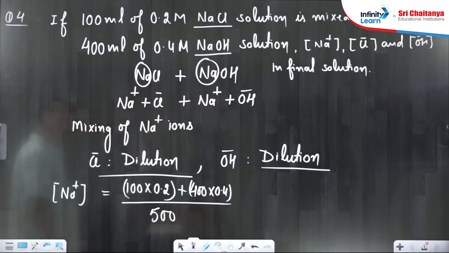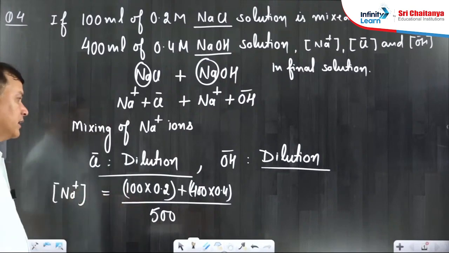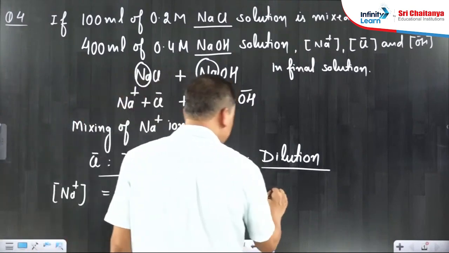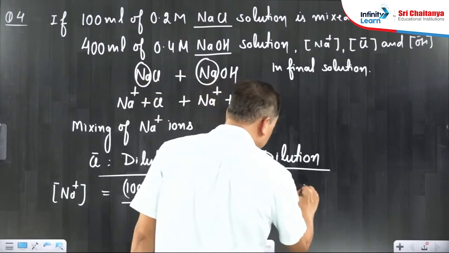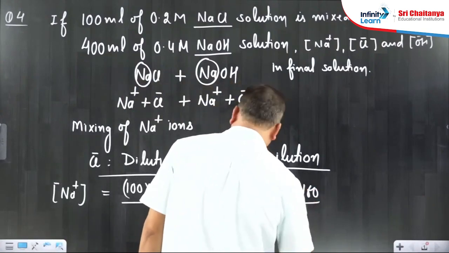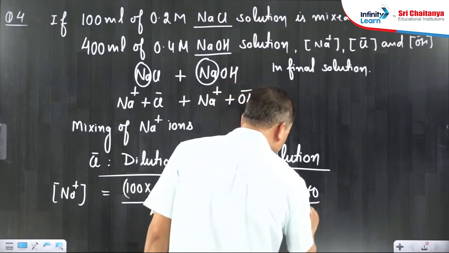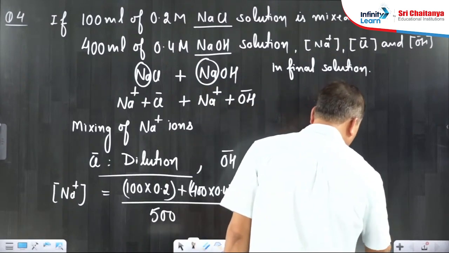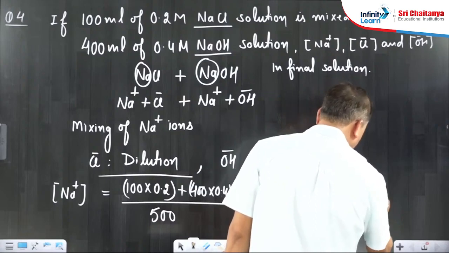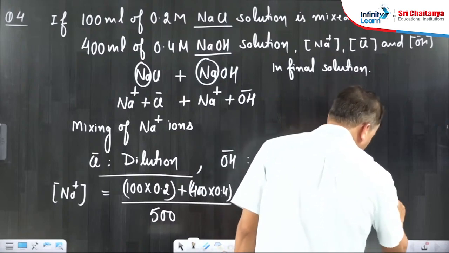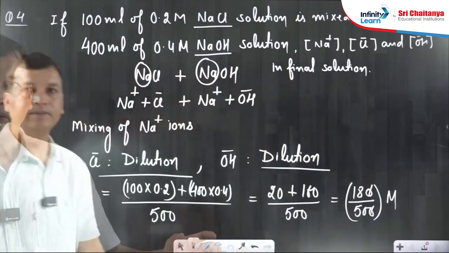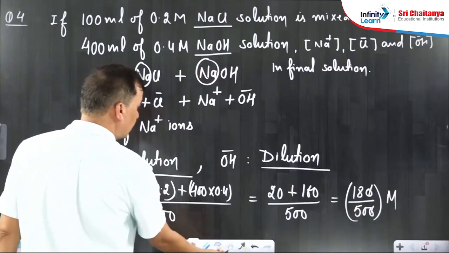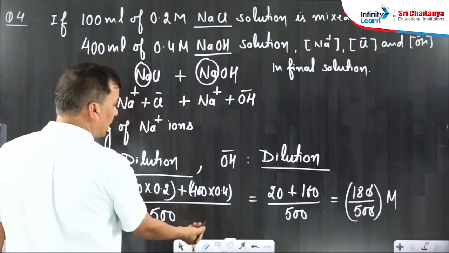Is that clear? We are applying this for sodium ion only. So here it is 20, here it is 160, divided by 500. That is equal to 180 divided by 500. So you can calculate the molar concentration of sodium ions.